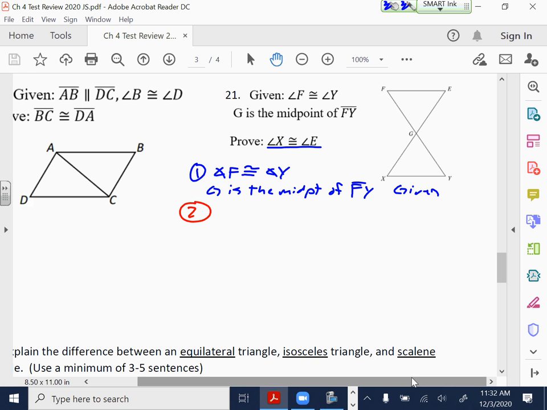F and Y are congruent. And they say G is the midpoint. So G is the midpoint of that line, which means FG and GY are congruent. FG is congruent to GY. And I know that because, again, it says it's the midpoint. That's the definition of midpoint.